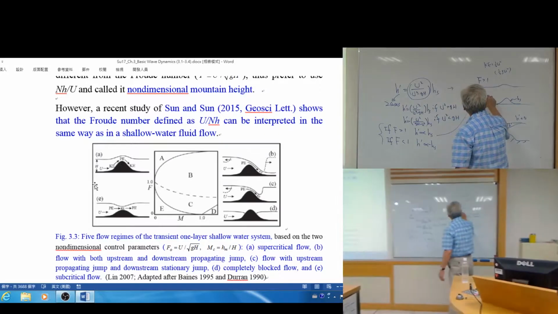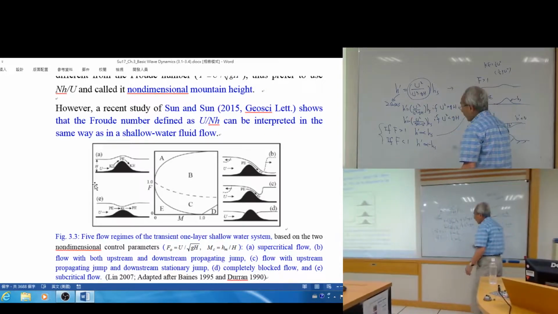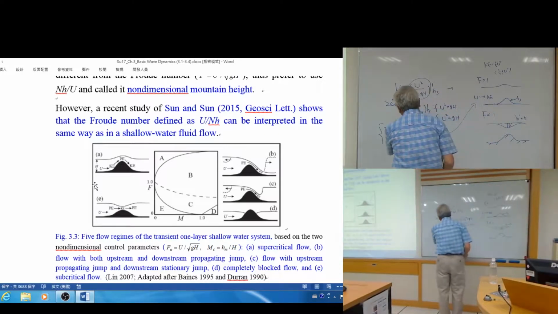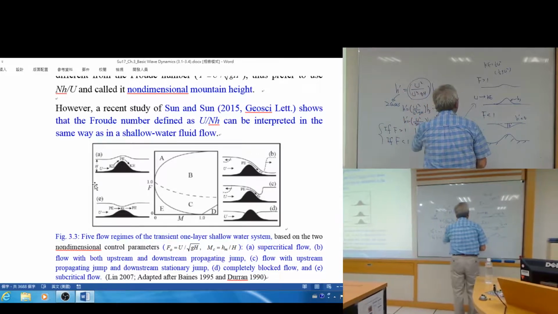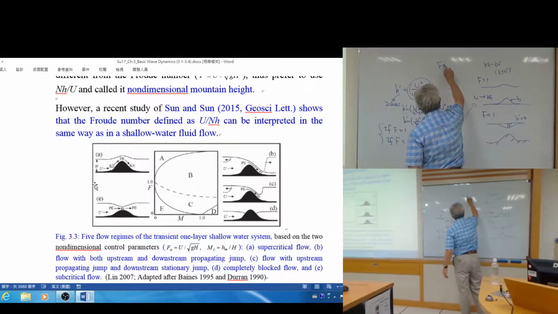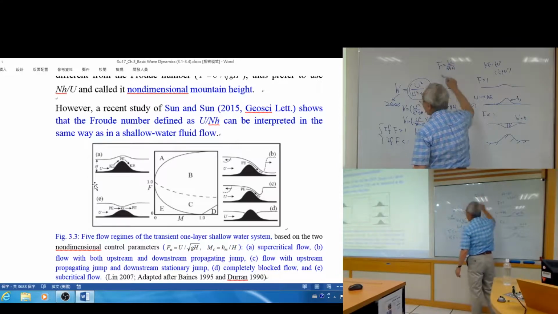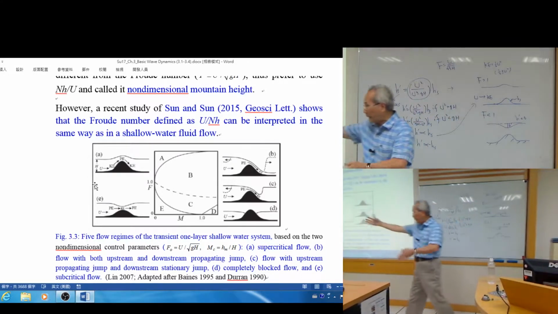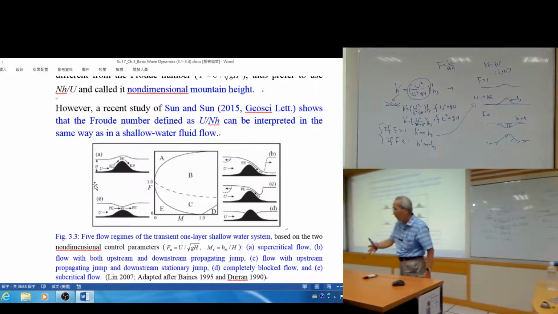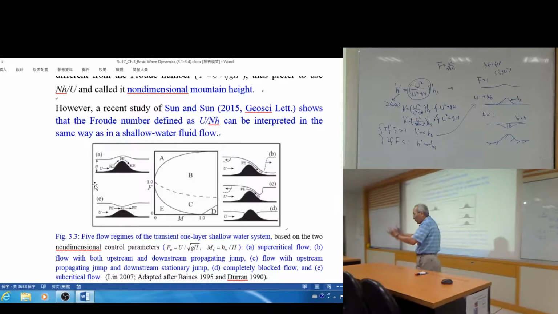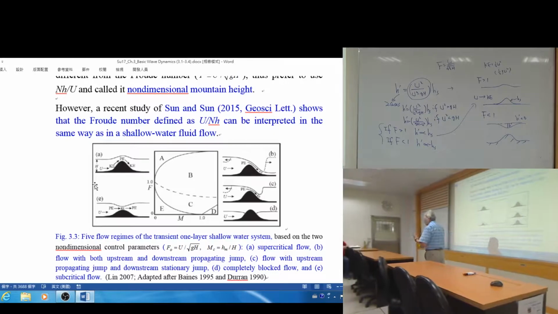So you have kinetic energy here, and when F is greater than 1, that means U, F equals U, is greater than square root of GH. That means U is large. The basic wind is very strong, so it has large kinetic energy.